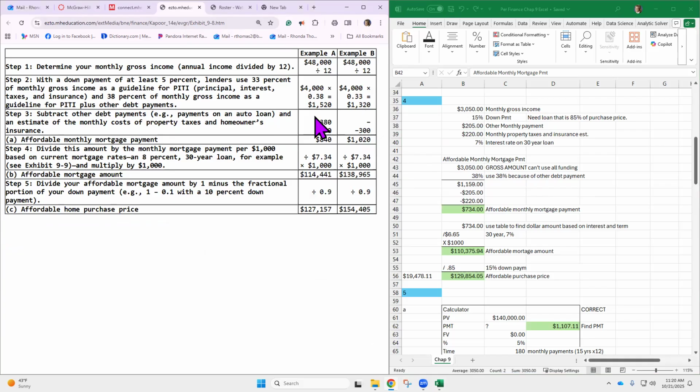If you see the difference between these two, see how this one has 380 subtraction and this has nothing. So this one you have other debt. Example A, other debt. Okay, and that's what I'll put here.